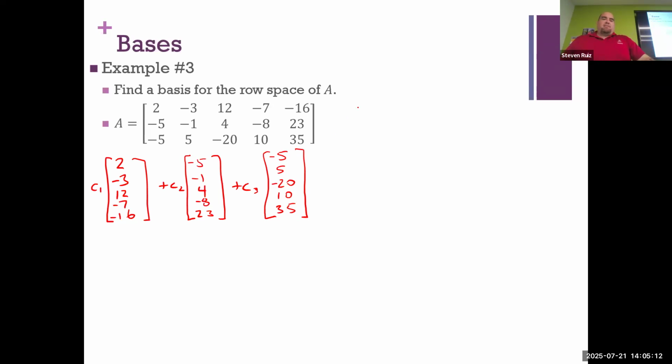What I'm looking at is A transpose. And if I transpose it, I'm no longer looking at the row space of A. What am I really looking at? I'm looking for the column space, COL of A transpose.